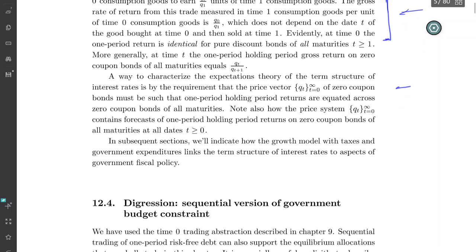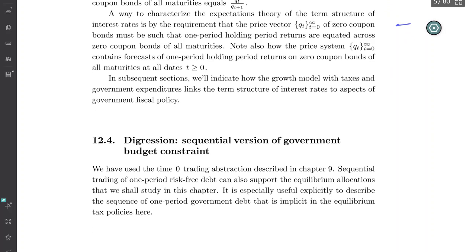So let's see, we do this. And then here's something in the spirit of chapter 9 that I urge you to look at. I'm just giving you a reader's guide, and chapter 12 should be easy to read if you've mastered chapter 9, because we're going to go through steps.